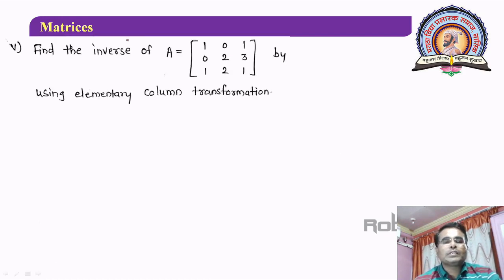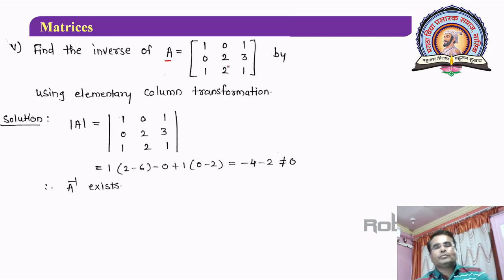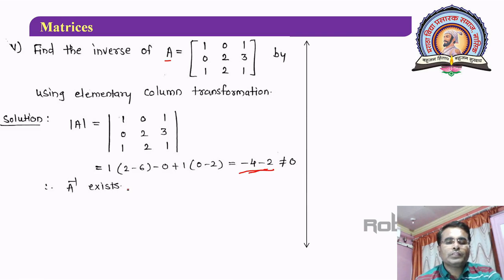Next, consider determination of the inverse of a matrix A by using elementary column transformations. Now this is a somewhat difficult example, because we have a 3 by 3 matrix and we want to use column transformation. So again, as usual, first you have to consider its determinant, it is minus 6, okay, and which is not equal to 0, therefore A inverse exists.